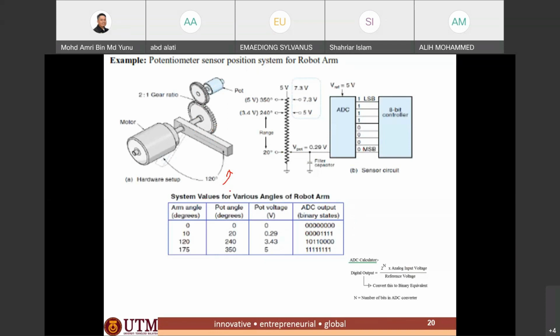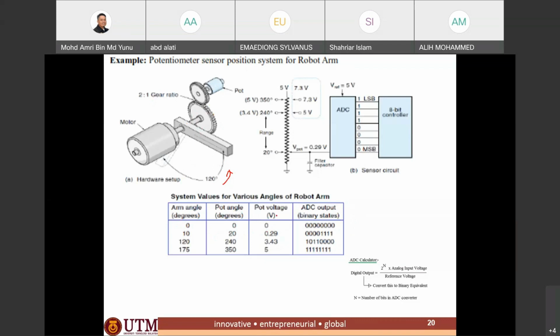Due to the gear ratio of 2 to 1, when the arm angle moves, in this case 10 degrees, the potentiometer changes by 20 degrees.